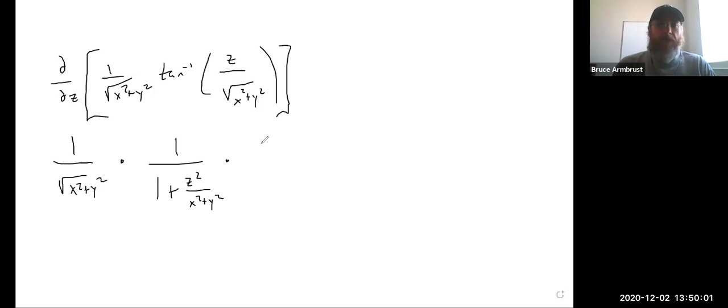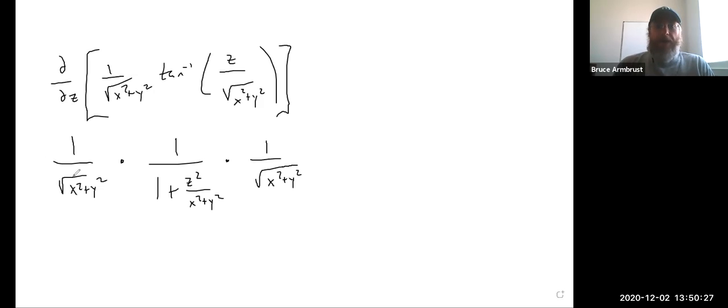And the derivative of what's inside there is 1 over the square root of x squared plus y squared. So that came from the chain rule, right? These two pieces came from the chain rule on the derivative, and then this was just the constant multiple. All right, so there's the derivative.